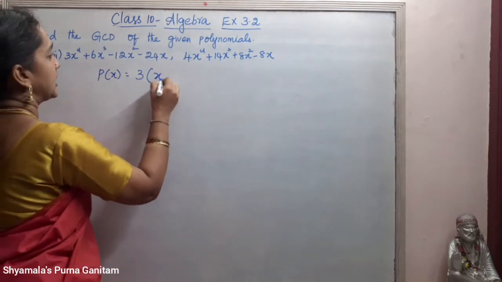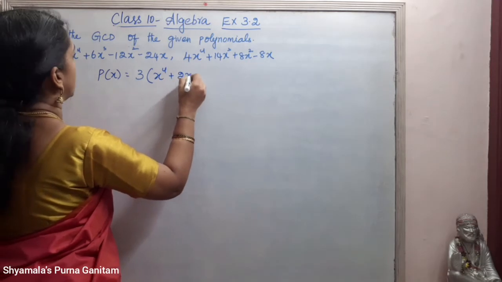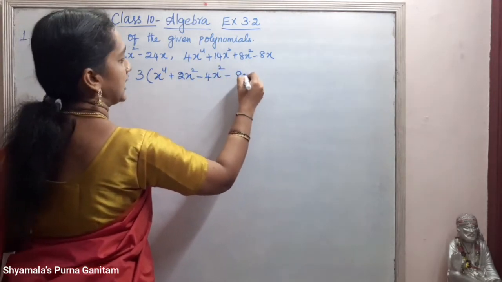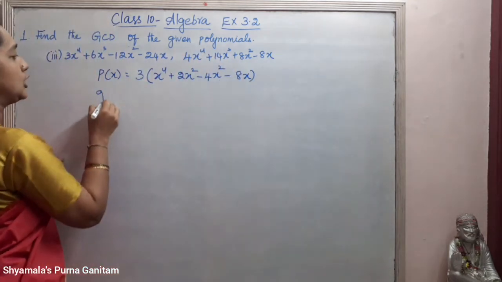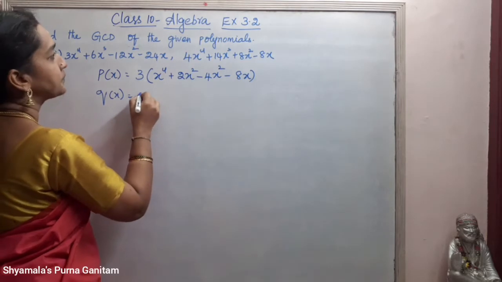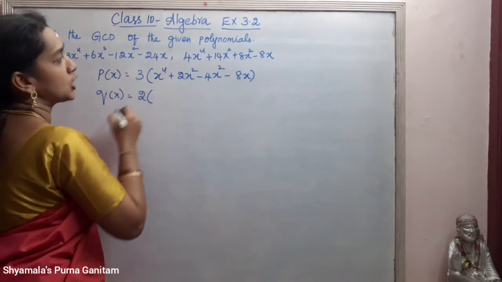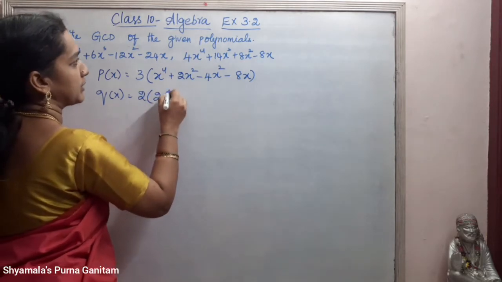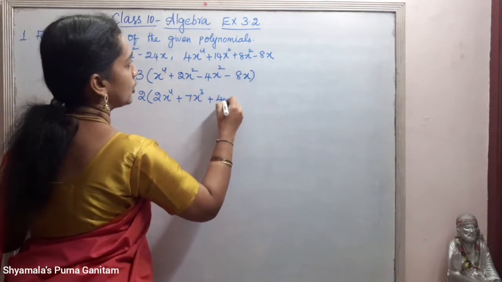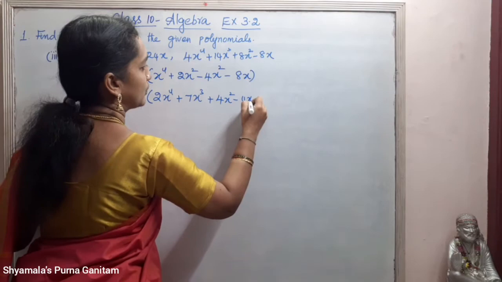So we will get x power 4 plus 2x cube minus 4x squared minus 8x. The same way q of x, the second polynomial, in that 2 is the common factor. So 2x power 4 plus 7x cube plus 4x squared minus 4x.